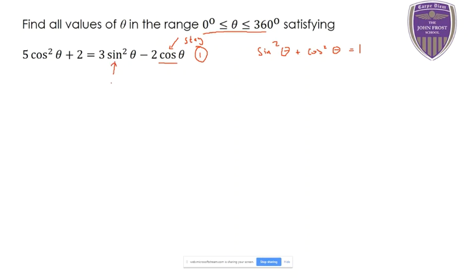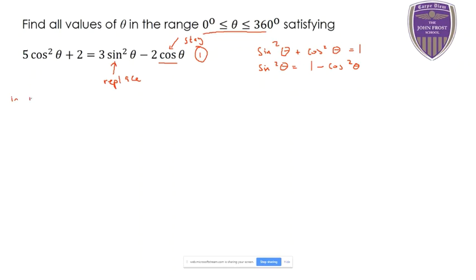So I'm going to have to get rid of the sine squared here, because I can see sine squared here. This cos is going to wreck the cos side of things. So for this one now, I'm going to have to get sine squared on its own. But again, you can just take off the cos theta because it's positive on the other side. You can just take it away.